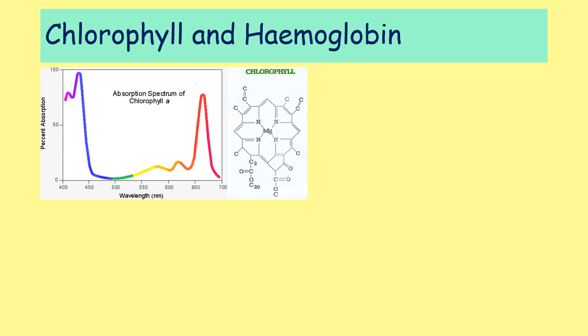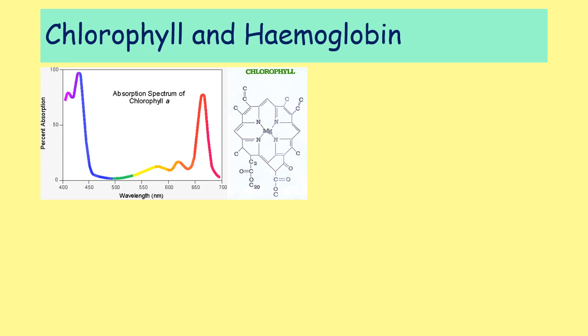Now this is what a molecule of chlorophyll looks like, and at the center we have a magnesium atom. Magnesium is not a transition metal, but it is a metal complex. This is the absorption spectrum of chlorophyll. You can see that chlorophyll absorbs a lot of purple and blue light, and it absorbs a lot of red and orange light.